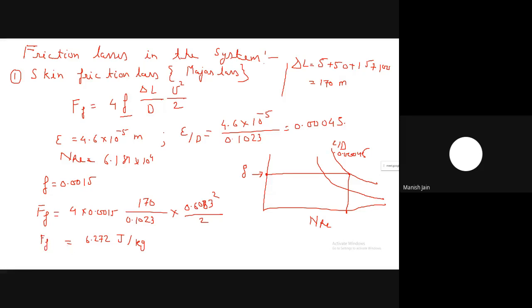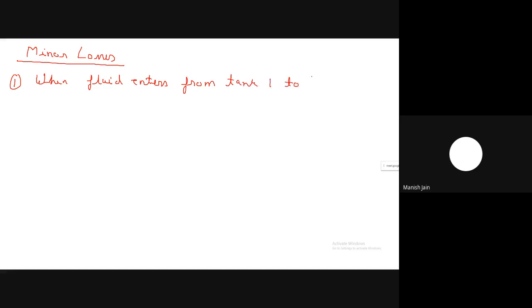Okay, now once you know the friction loss, then you have to calculate the other losses. So this is the major loss which occurs in the system. The other losses are the minor losses. Now the minor losses. So in minor losses, the first loss is when the fluid enters from tank 1 to the pipeline.